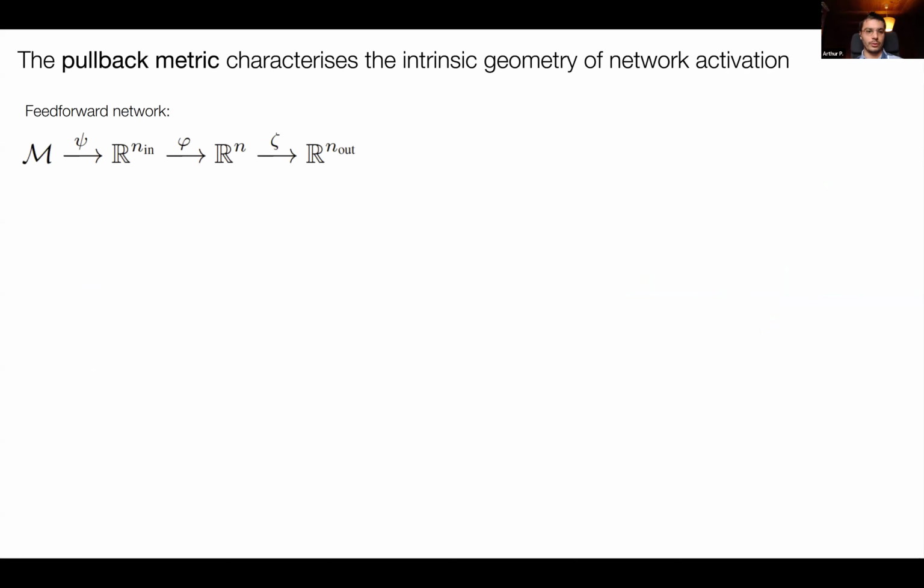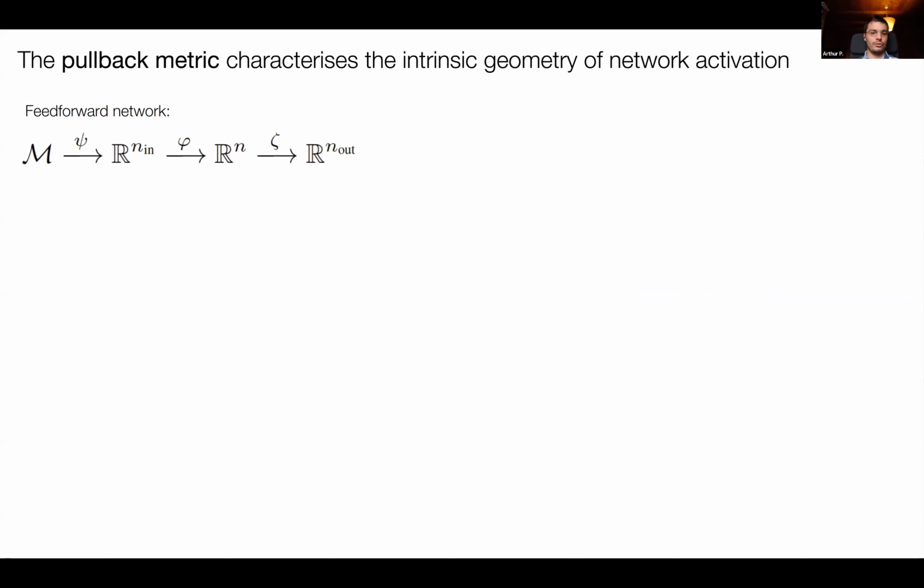So back to our neural networks. The setup I'll consider is the following. I have a feed-forward network that receives input data on a manifold M, and this manifold is embedded in some input space, R^n_in. For example, that could be the pixel space.